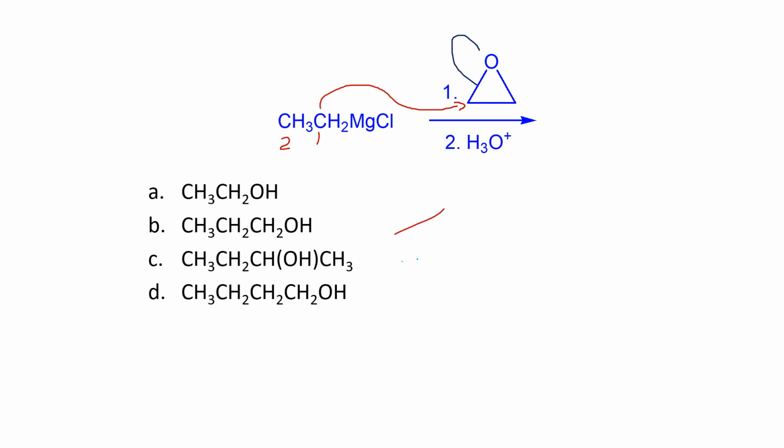And let's call that 3 and 4. So there's coupling between carbon 1 and carbon 3. There's that oxide on carbon 4, which will quench. So if you notice, that's going to be a 1, 2, 3, 4 carbon primary alcohol, which gives your answer as D.